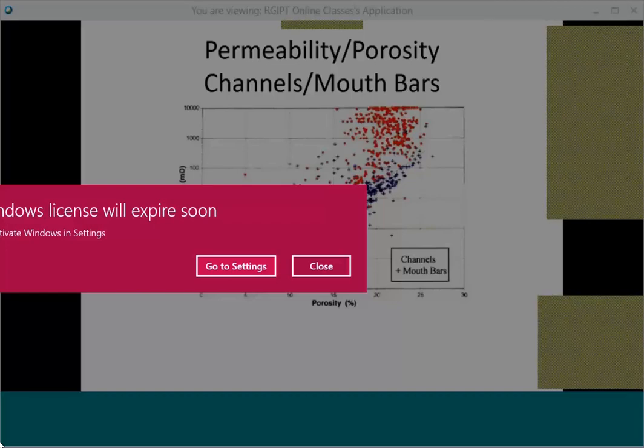For permeability, we said that it looks like a log normal distribution. Okay, so if your porosity is normally distributed, then your permeability is what?